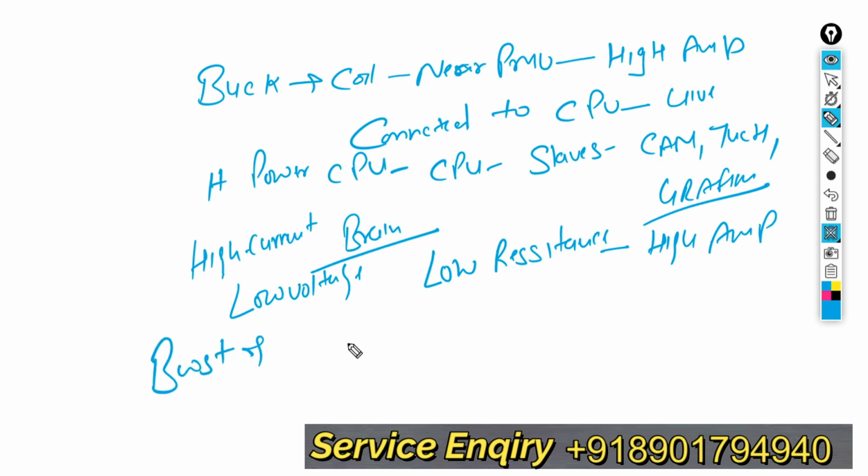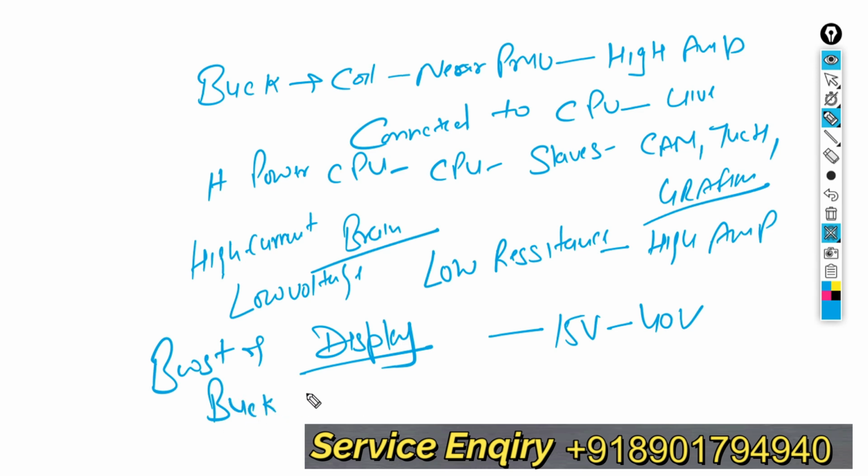You will see the boost coil used near the display IC, the graphic IC, or your screen. Now your screen needs a minimum of 15 volt to 40 volt for brightness, to light the screen properly, right? Both inductors, the buck and the boost, look similar, but there is a difference.